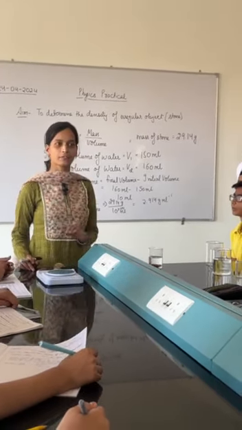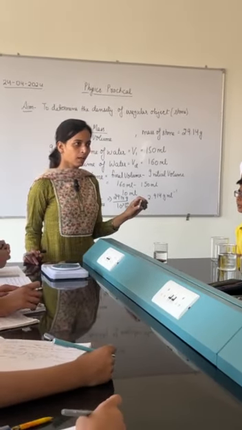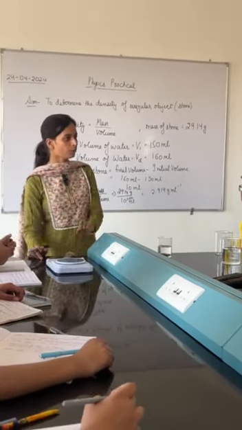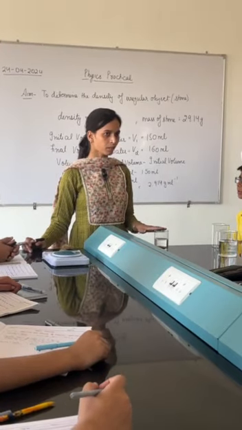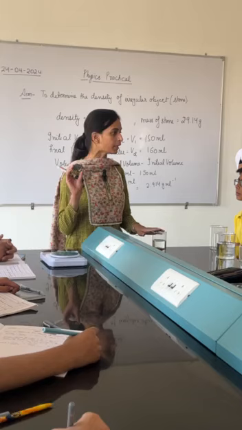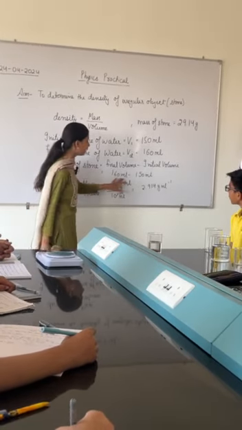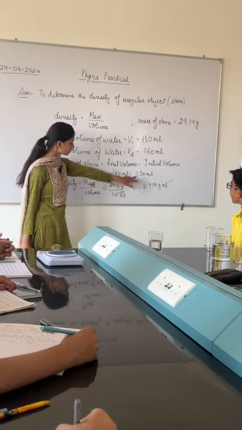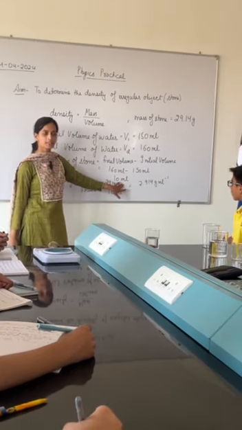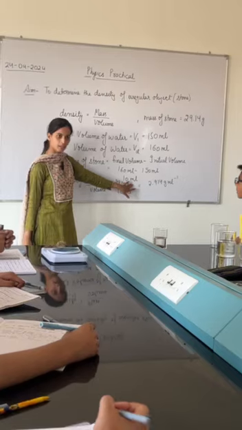Then we insert a stone into the beaker. Then we take the final volume of the water. The level of the water rises when we put the stone into the beaker. The volume of the stone is final minus initial, and that comes out to be 10 ml.